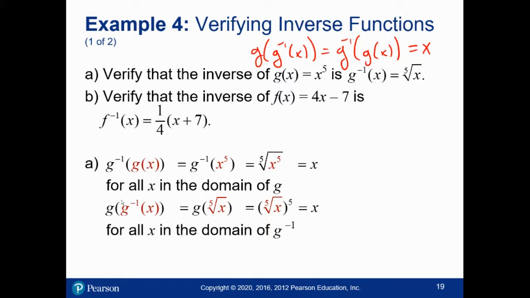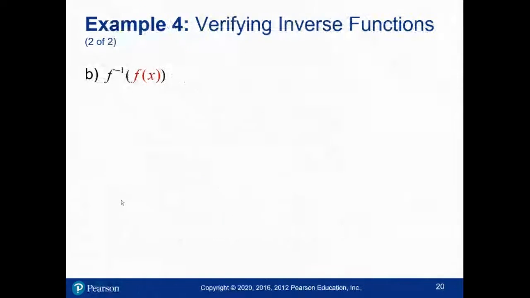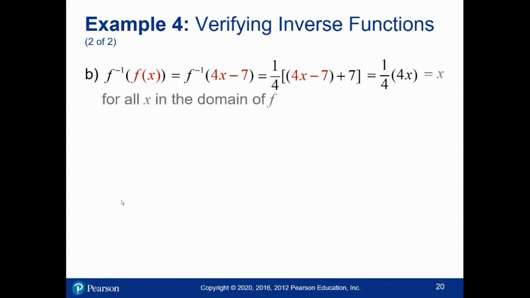So try to do that for part B with f of x, 4x minus 7, and f inverse given to you as a quarter times the quantity x plus 7. So f of x was 4x minus 7. Plug it into f inverse, which was 1/4 times the quantity input plus 7. The 7's cancel, and then the 4's cancel, and you just get x.